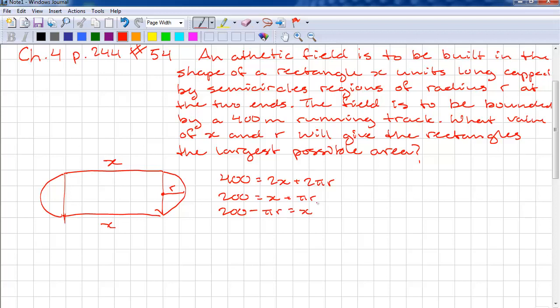And then to find the area of the field, the rectangle, the equation would be the length times the width. The width is 2r, so that would be x times 2r.